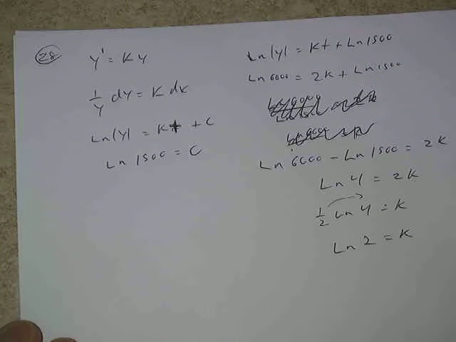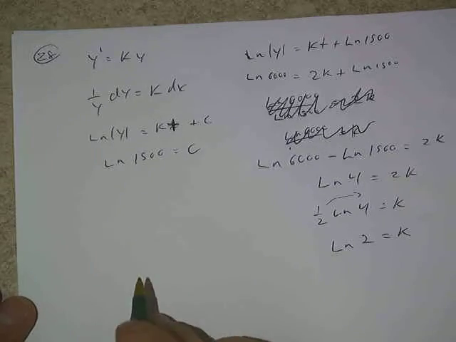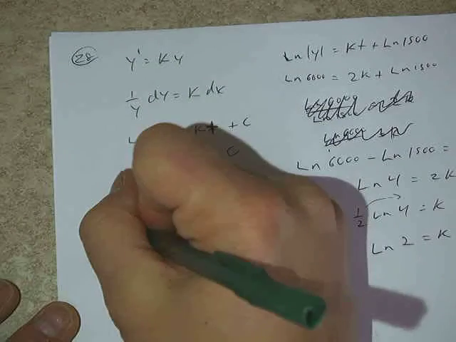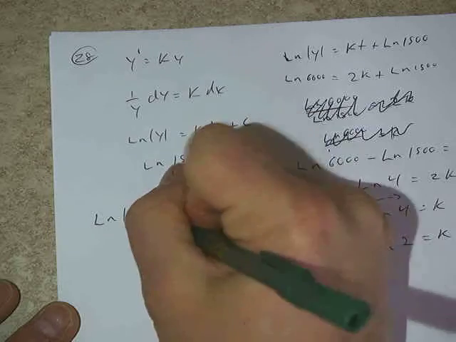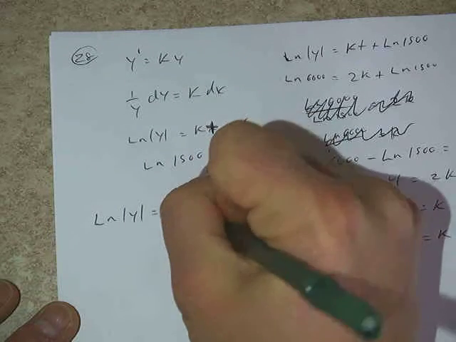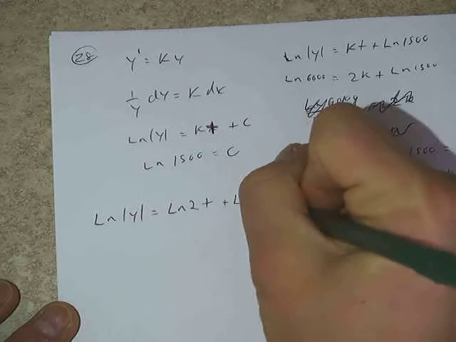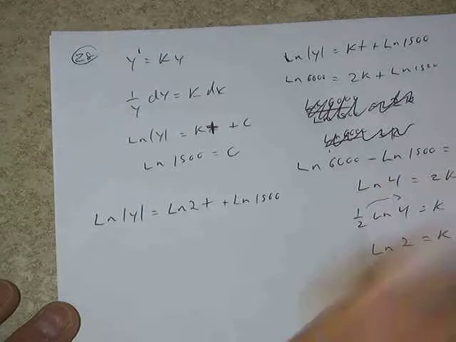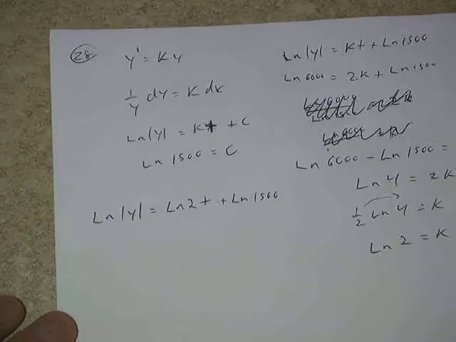Alright. So the culmination of all that is that our equation would read: natural log absolute value of y equals ln 2 times t plus ln 1500.